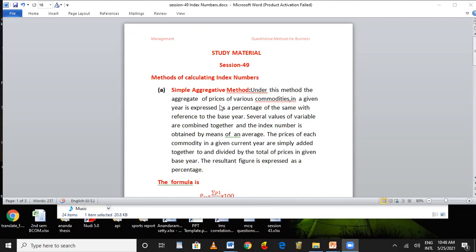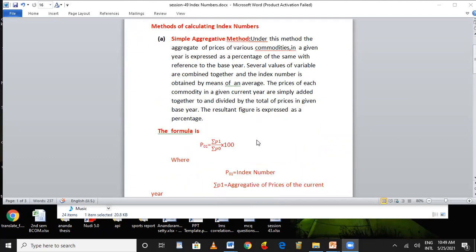Under this method, the aggregate of prices of various commodities in a given year is expressed as a percentage of the same with reference to the base year. There are different methods of calculation of the index numbers. The simple aggregative method says that we have to calculate the index numbers by taking the total of the prices.